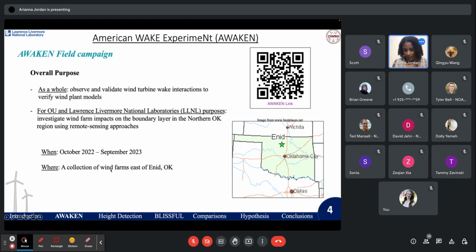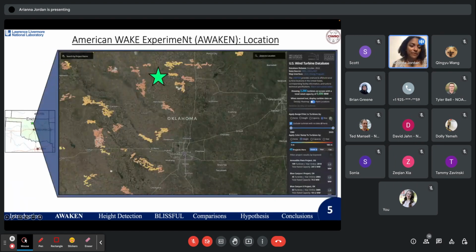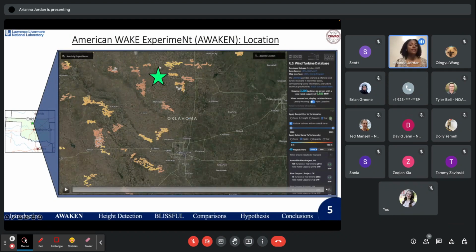So let's take a look at some of those wind farms. Here's a zoomed in image of this map that we saw. Here's the green star denoting Enid. And what you're looking at here is the US wind turbine database from the US Geological Survey website.